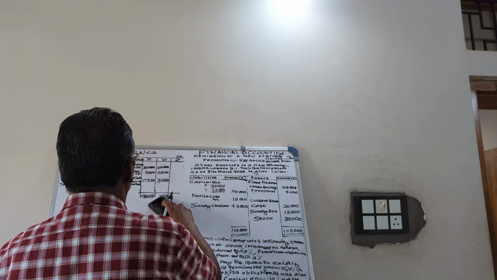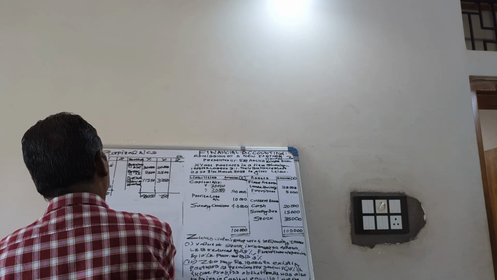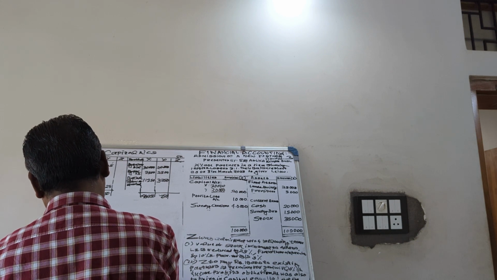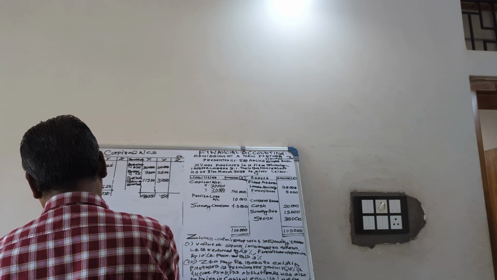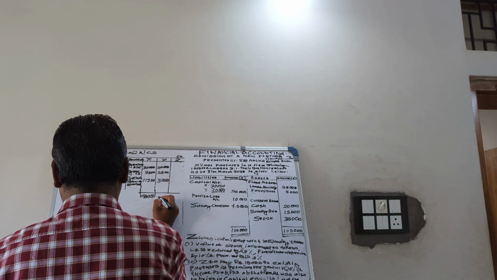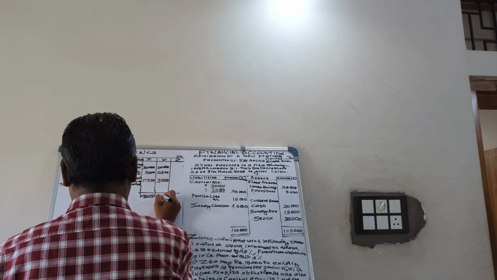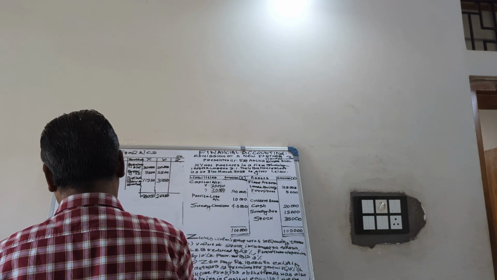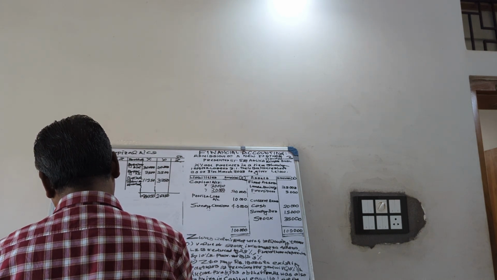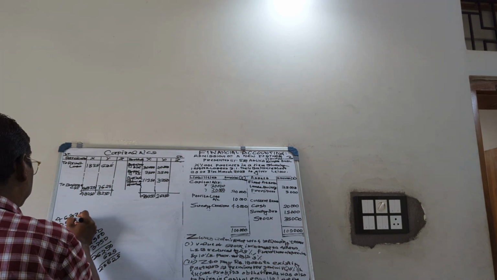That is 20,000. So 20,000 plus 2,500 plus 3750. So total should be 26,250. So it is 26,250 minus 625. So it is 25,625.